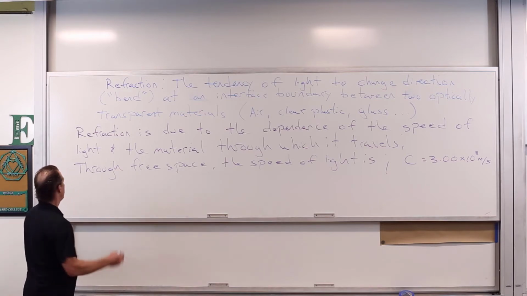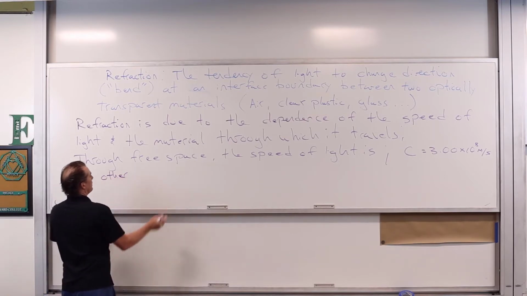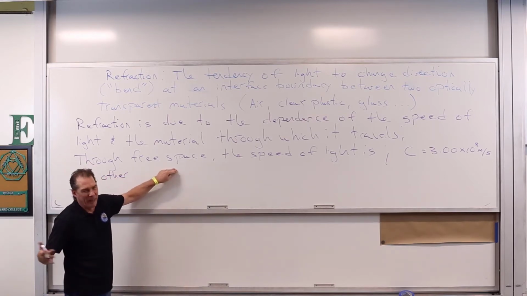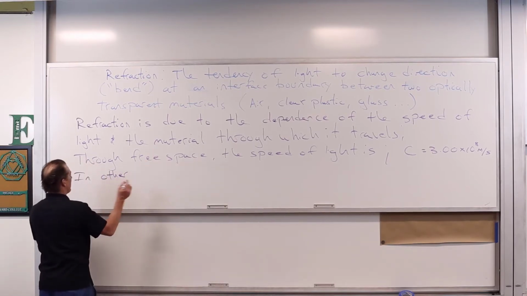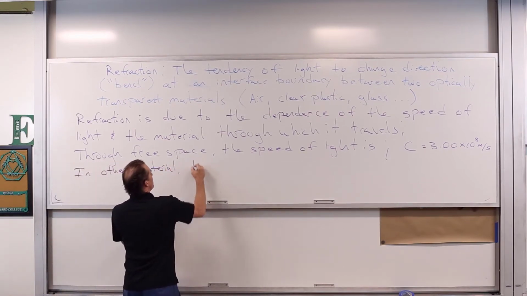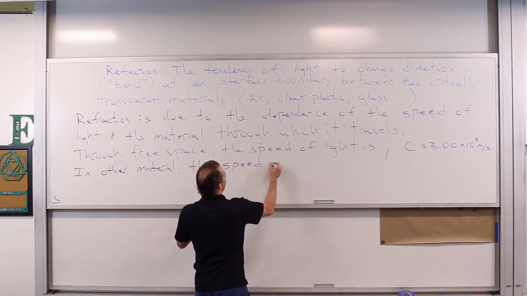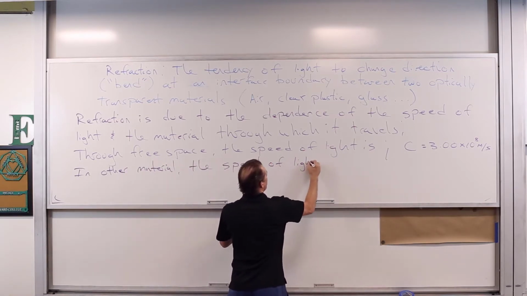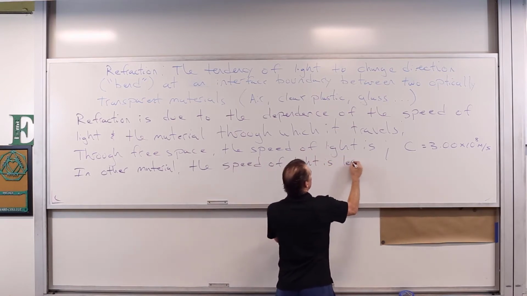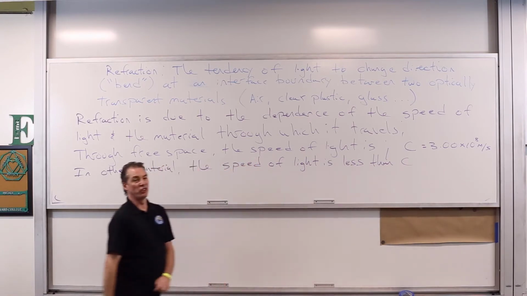So, in other materials, it's really not a material, right? Free space. It's a lack of material. But in other materials, the speed of light is less than c.